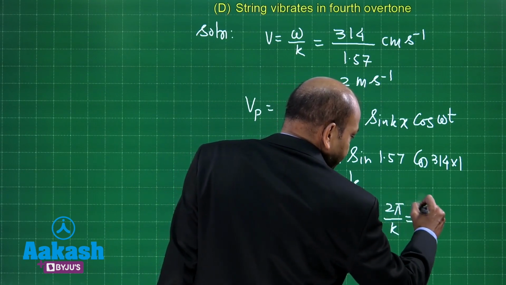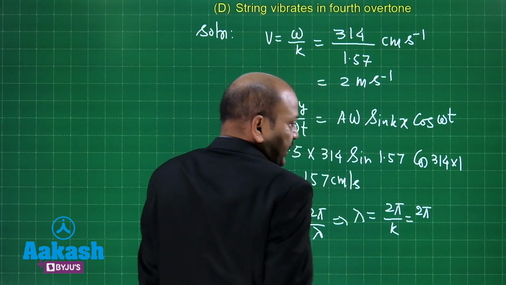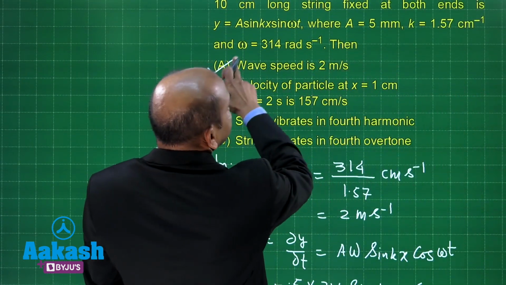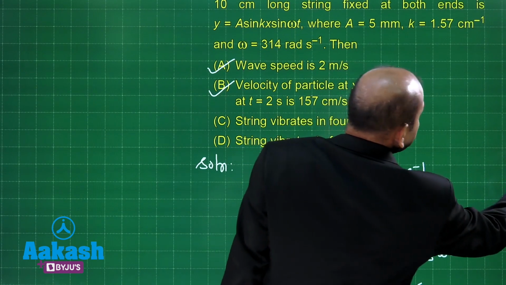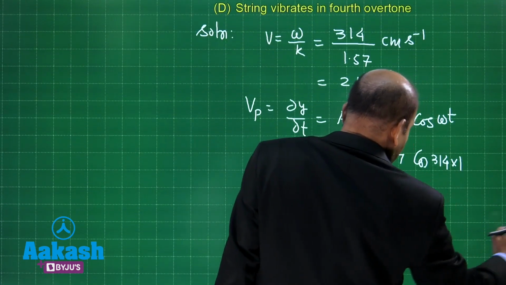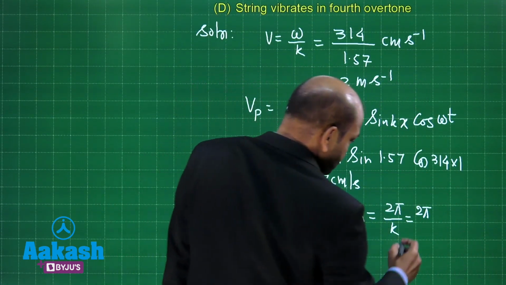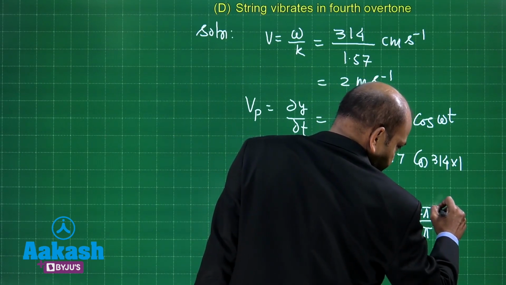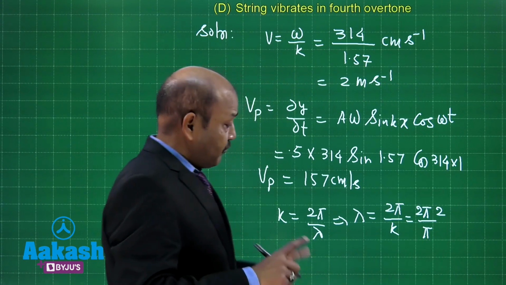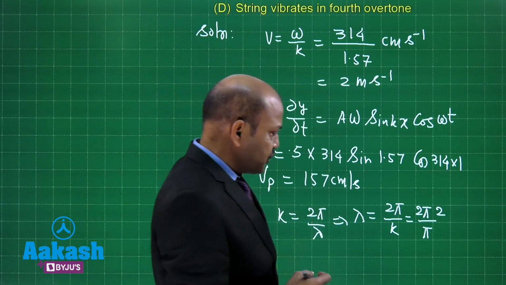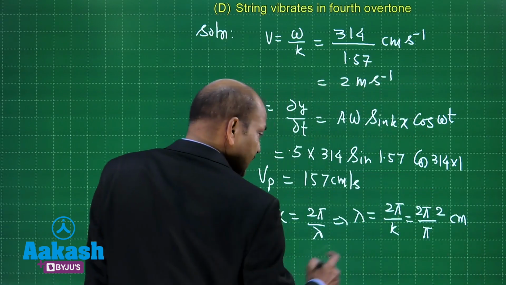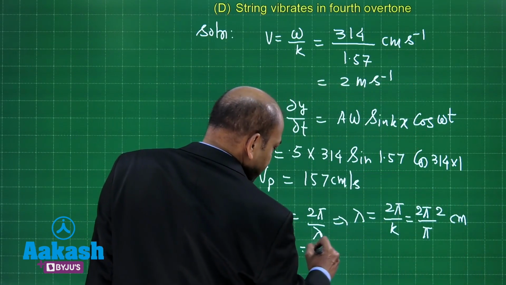The value of k is given as 1.57 centimeter inverse, which is pi by 2, so we are getting lambda wavelength as 4 centimeter.